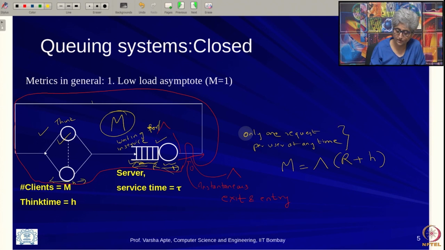Remember that we had said that any network delay is assumed to be 0. Okay. So, basically the time through this region is R plus H, the throughput through this region is the server throughput, and the total number of requests in this region is always fixed at M. Given a certain number of clients, it is going to be fixed at M. So, at M equal to 1, it becomes easy. M equal to 1, if we are trying to reason this for low load asymptote, M equal to 1.